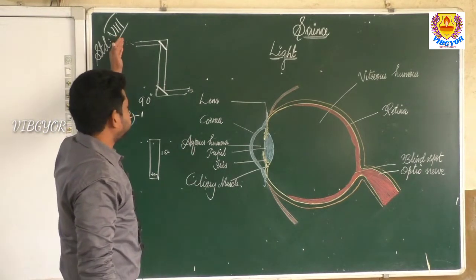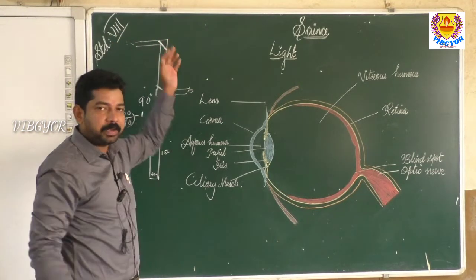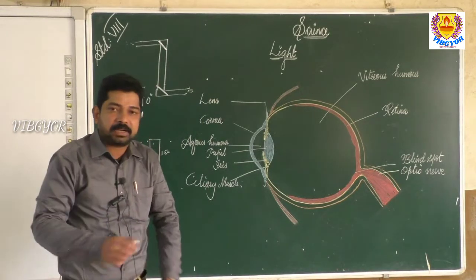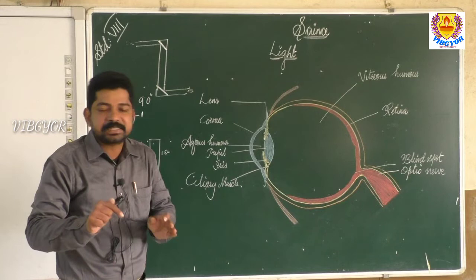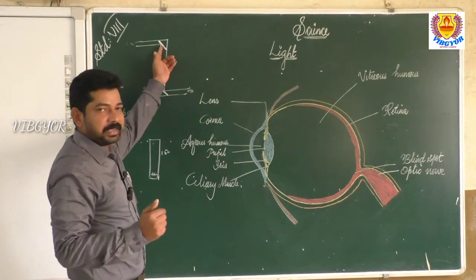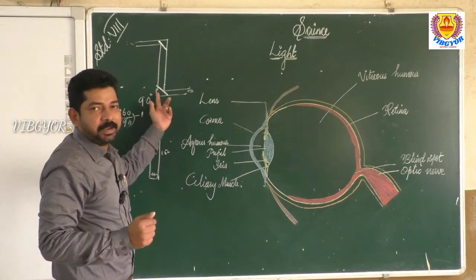Here suppose there is an object, that laterally inverted image we will get here. That means we said that images formed in a plane mirror are laterally inverted. That means the left side becomes right and the right side becomes left. So that image we will get here, and that will become the object for this mirror.